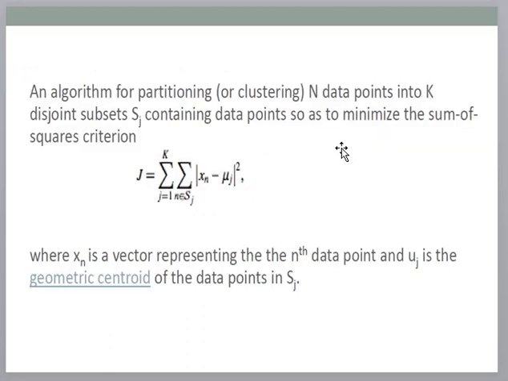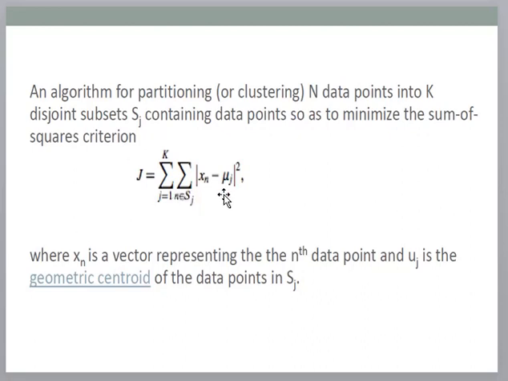It is an algorithm for partitioning or clustering n data points into k disjoint subsets Sj containing data points so as to minimize the sum of squared errors. So our target is to minimize the sum of squared criteria. If we have n samples, then our target is to minimize the squared sum of this distance.